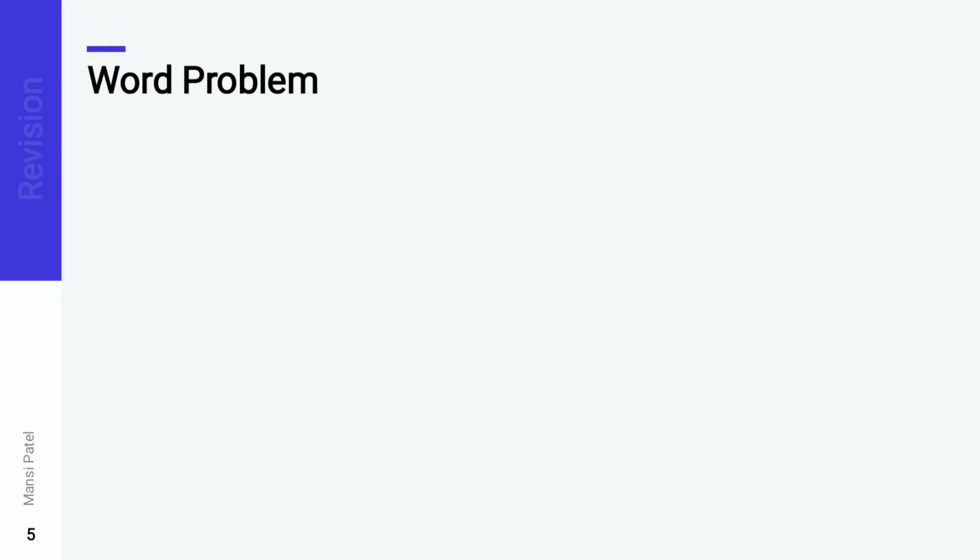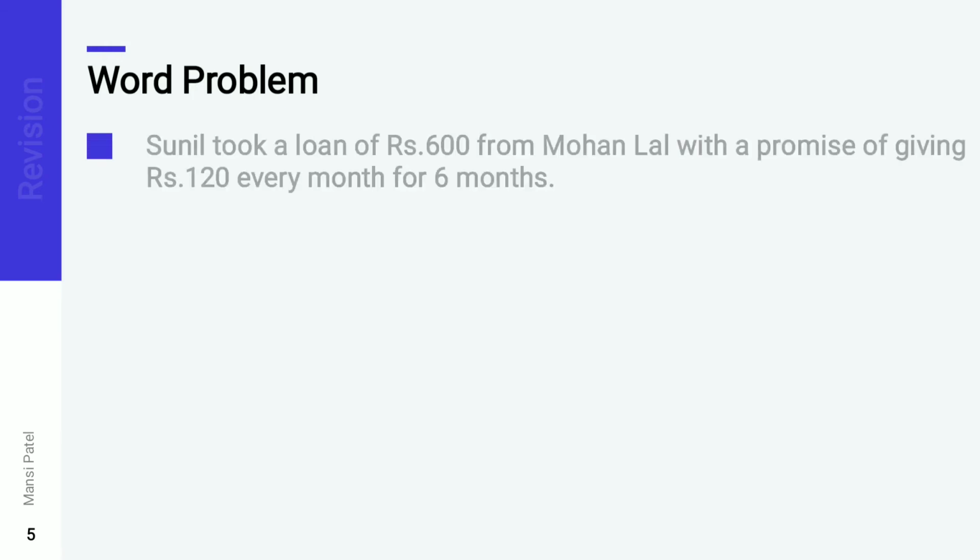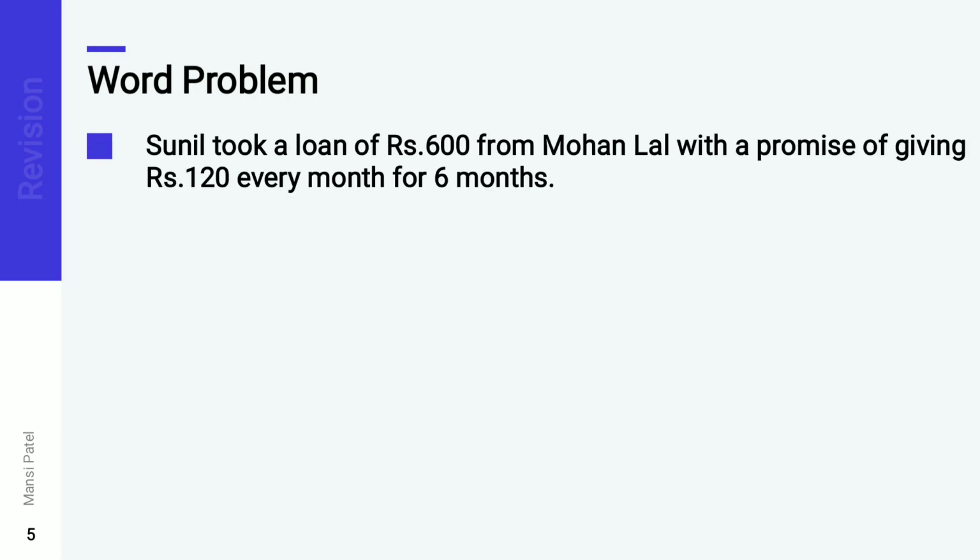Let us see the next word problem. Sunil took a loan of rupees 600 from Mohanlal with a promise of giving rupees 120 every month for 6 months. See here, Sunil is the person, he wants some money but he did not have it.